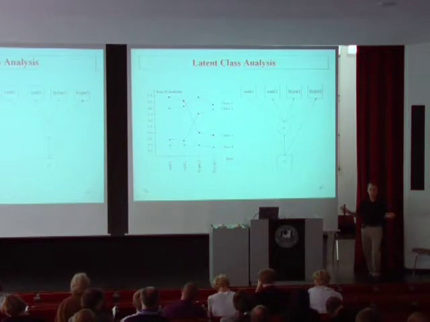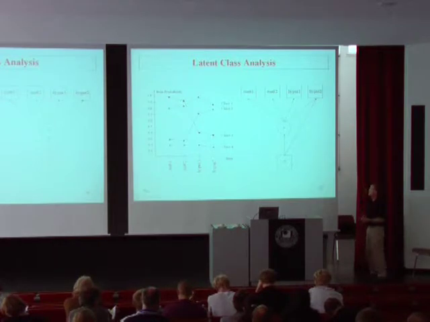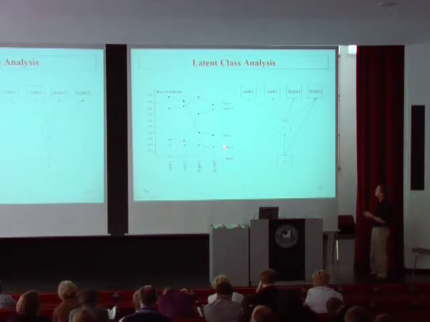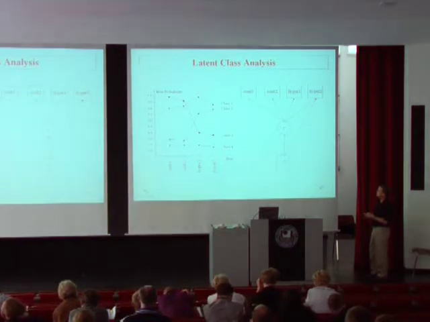So structural parameters describe the people. Measurement parameters describe the variables. So here, the structural parameters would be the class probabilities. How many people do we have in these 4 classes? Distribution of people over these 4 classes. And the measurement parameters are these probabilities.